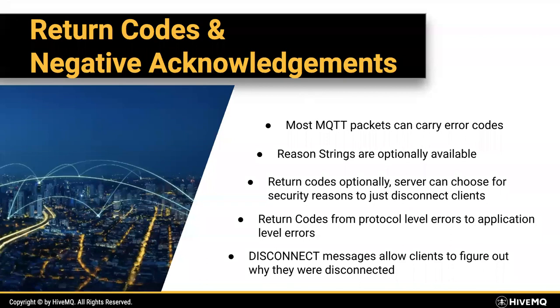So as a programmer, even on your devices, you get the human readable reason for what happened, what went wrong. So you can log this and then you can debug accordingly. But of course, this is super useful for test environments. Be careful when doing this in production, because you don't want to give attackers some indication of how to, let's say, brute force your MQTT broker. But again, super useful.